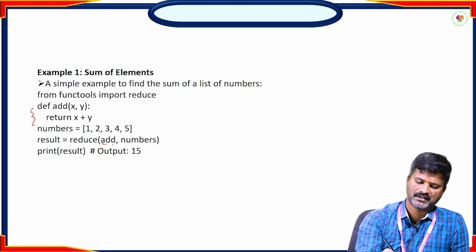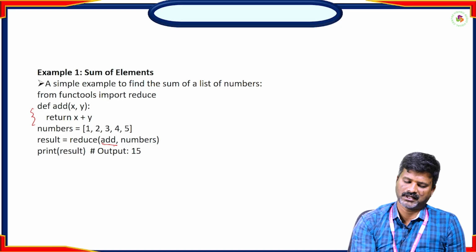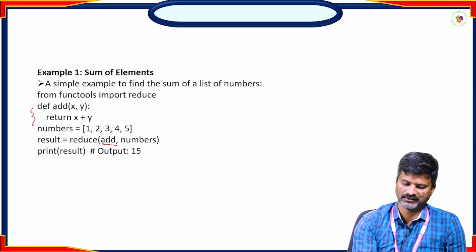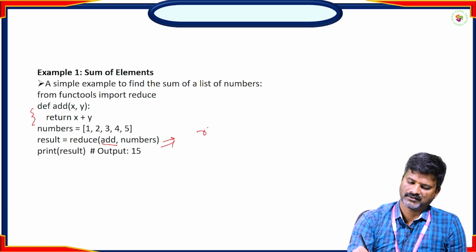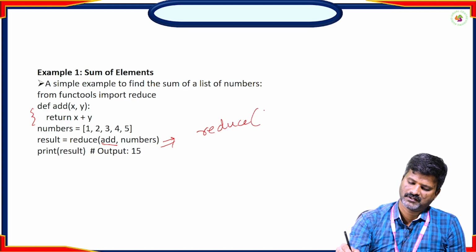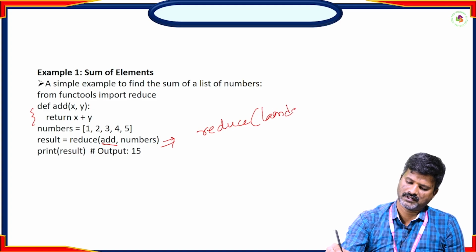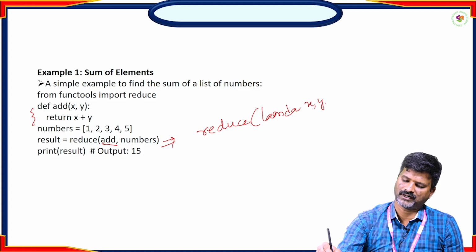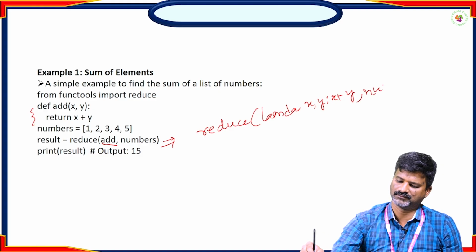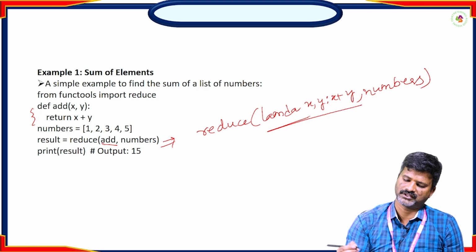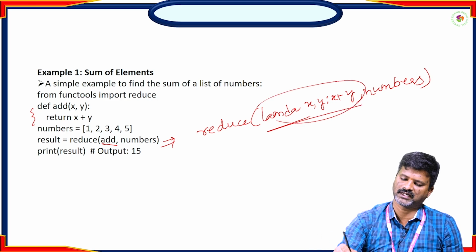In place of this, you can take lambda functions also. Instead of this logic, reduce lambda x comma y colon x plus y comma that numbers you can take.